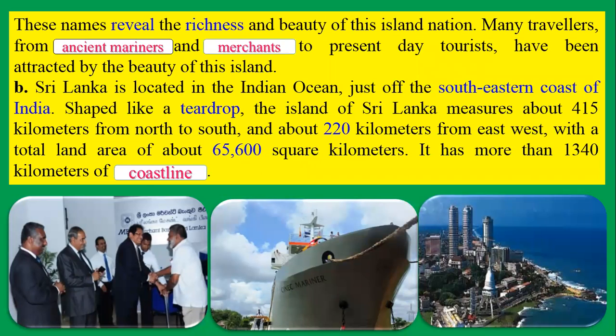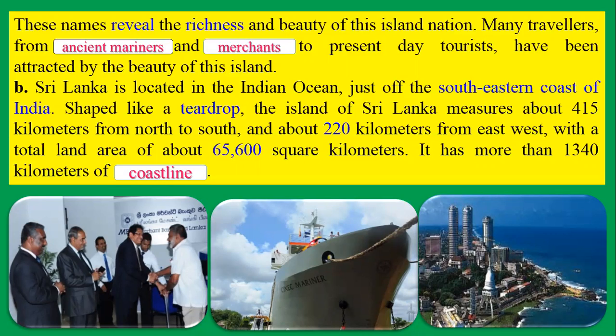Many travelers, from ancient mariners and merchants to present-day tourists, are attracted by the beauty of this island. Sri Lanka is located in the Indian Ocean, just off the southeastern coast of India, shaped like a teardrop.